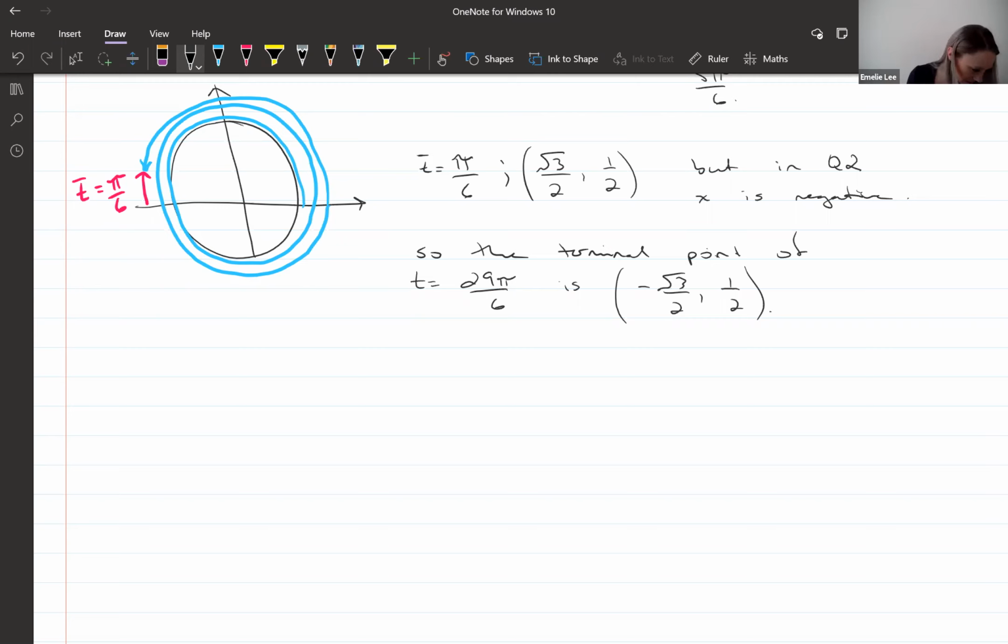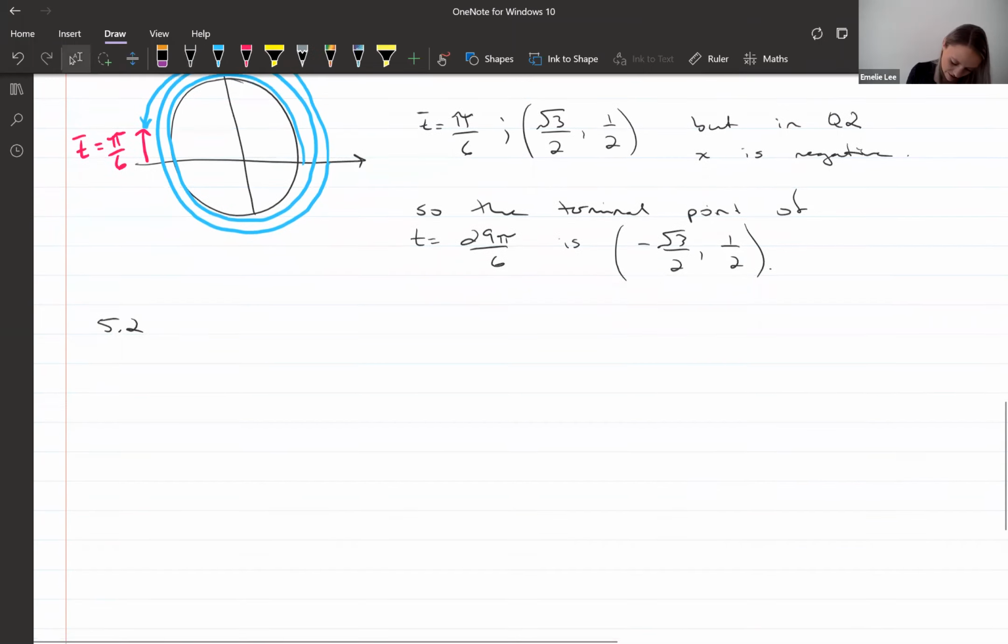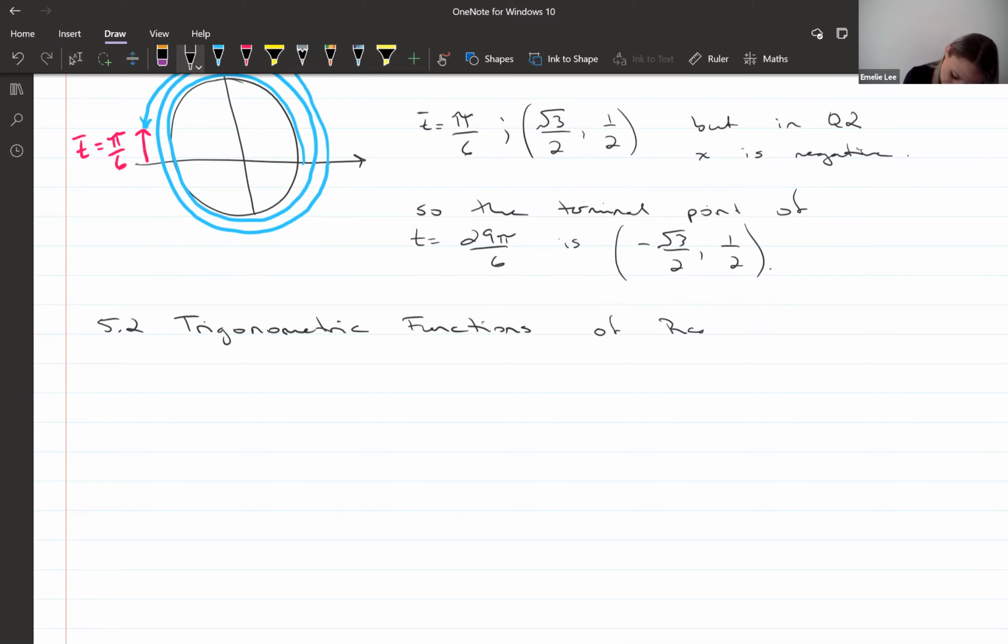So section 5.2, I have no idea where the page breaks will be generated, so I guess there's that on here. So 5.2 is going to introduce trigonometric functions of real numbers.